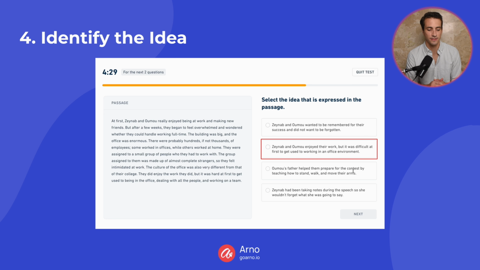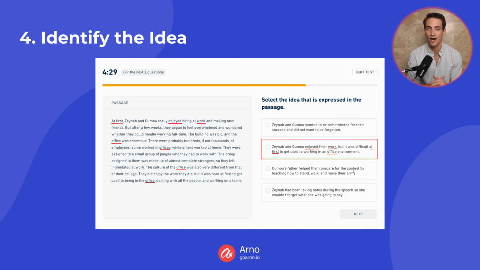The second option is, Zainab and Omu enjoyed their work, but it was difficult at first to get used to working in an office environment. The key vocabulary there is enjoyed, work, at first, office, and we can see that that key vocabulary appears often in the passage. So that's a strong hint that this option could be correct.